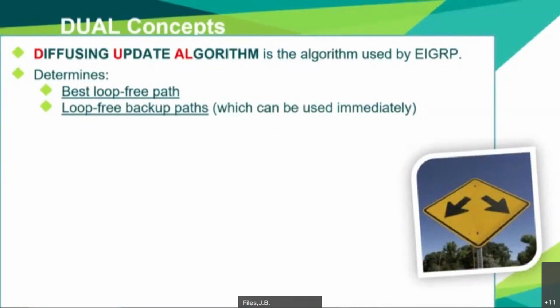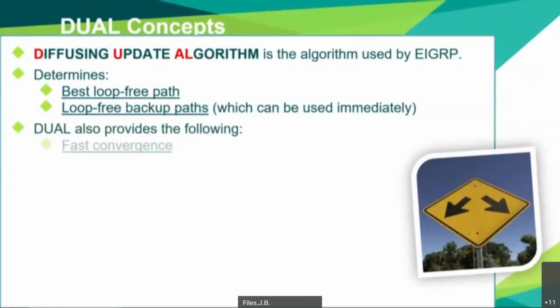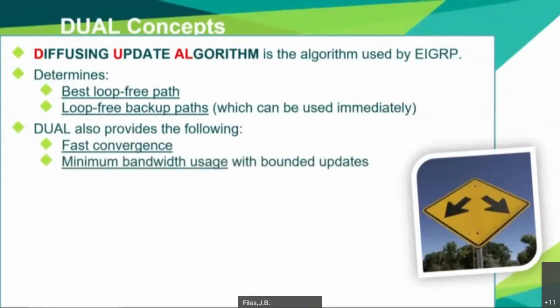We slam it into the routing table so fast that if an interface goes down and we have a backup path ready, it can go into effect quickly enough that we may not even drop any packets. Okay, so fast convergence. Okay, minimum bandwidth usage with bounded updates. So bounded means they only go where they're needed to go with requests and stuff.